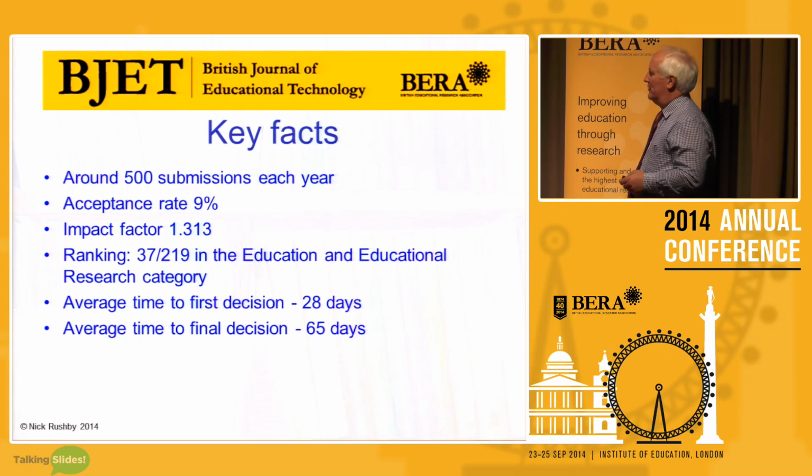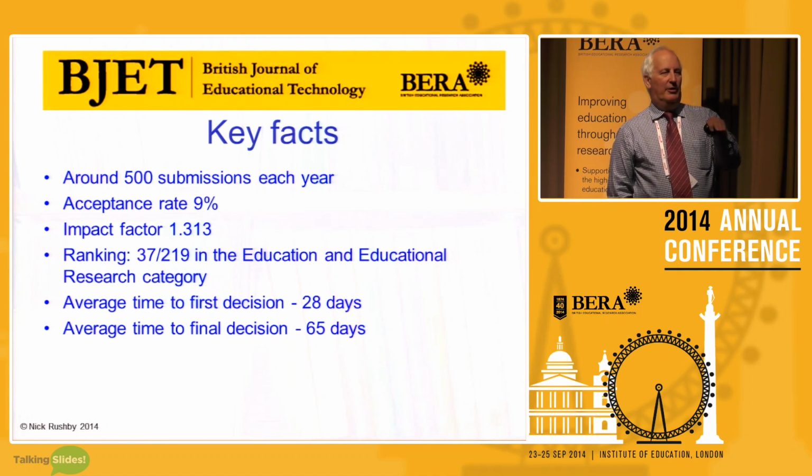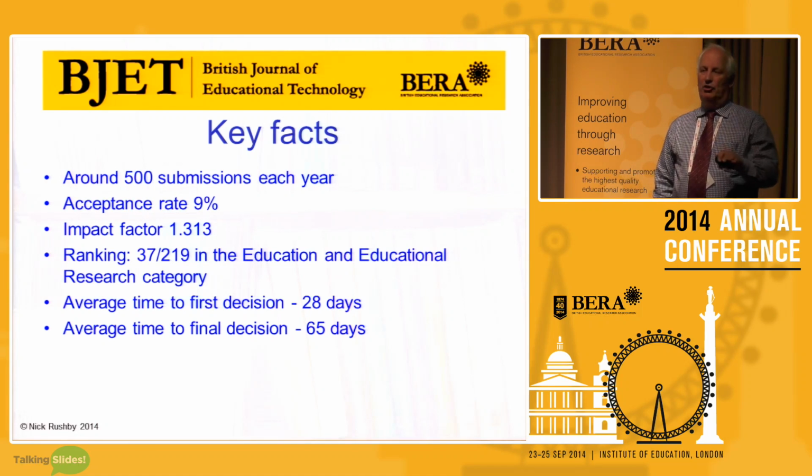Jess talked about times to come to decisions about publishing. Well, our time to first decision, the first email that you get after you've submitted a paper, on average, is less than a month. So a final decision, on average, 2 months.